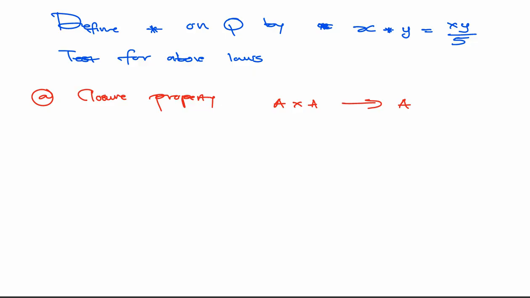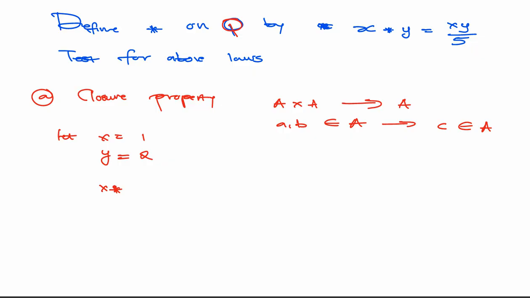If A and B are members of set A, the answer C should also be a member of A. Since the set you have been given is the set of rational numbers, let x be equal to 1 and y be equal to 2.